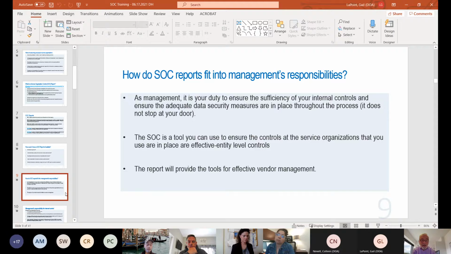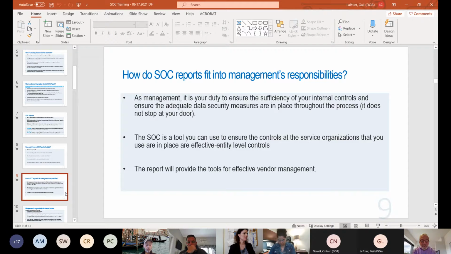So it doesn't stop at your door and then say, well, I've contracted somebody to do that, and I don't have any other responsibility to make sure that it's doing what I need them to do. The SOC is really just a tool that you can use to ensure controls at the service organizations are working effectively.